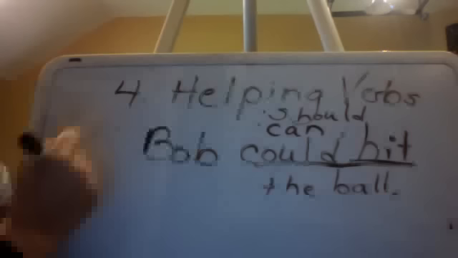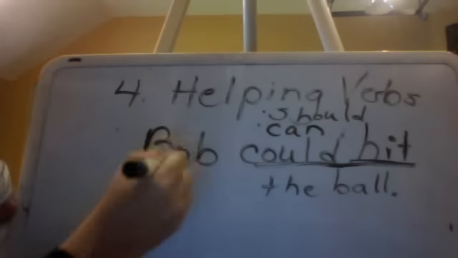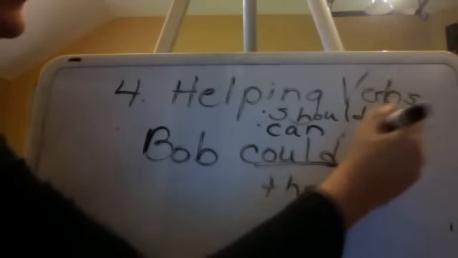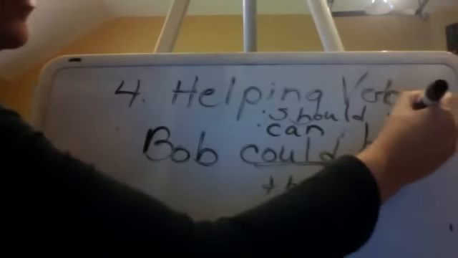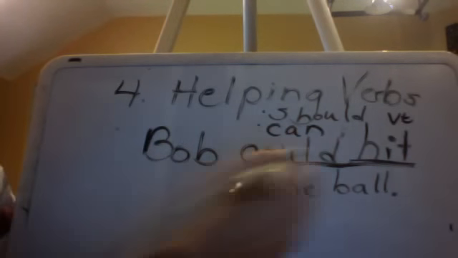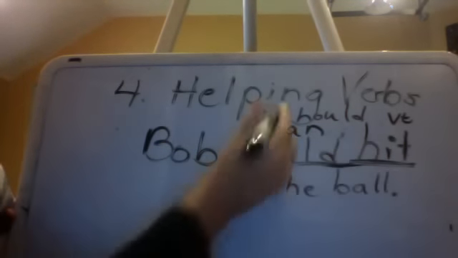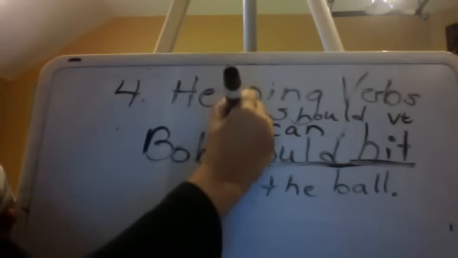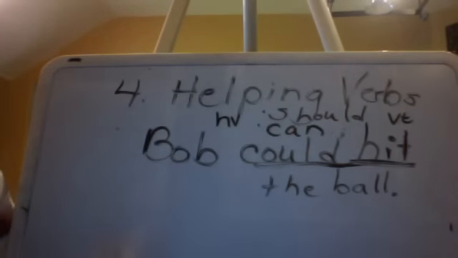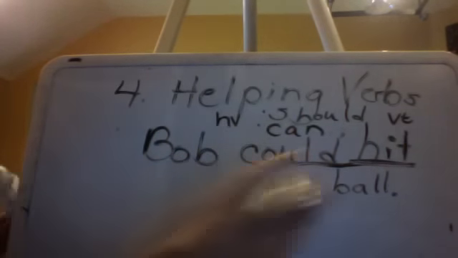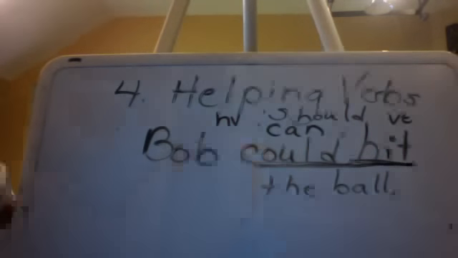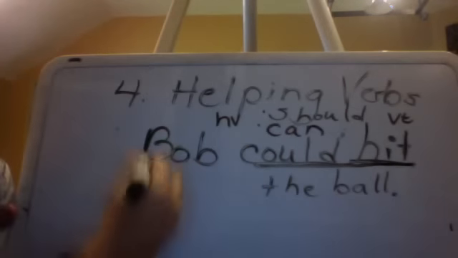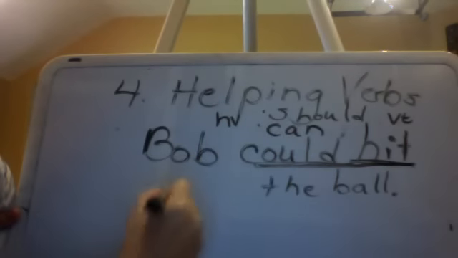So the way you would label this in a sentence, if you're labeling, you would put verb transitive over the word hit because it is a transitive verb, and over your helping verb, you would use a small letter h and a small letter v to label your helping verb. This total would be considered your verb phrase. So the way we would diagram this subject and verb would be Bob.